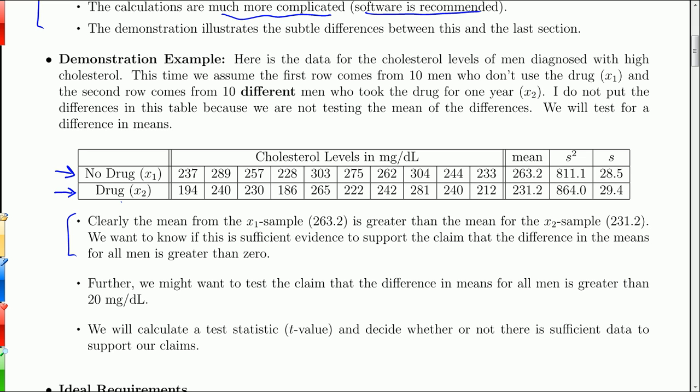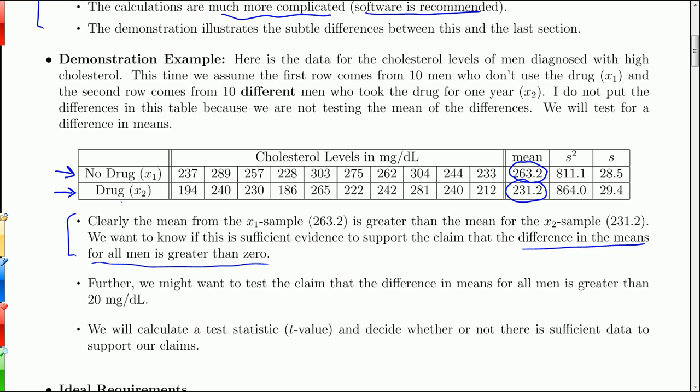Clearly the mean from the sample that did not take the drug, 263.2, is certainly greater than the mean from the men who did take the drug, 231.2. So that's pretty good evidence for our drug company here. But we want to know if this is sufficient evidence to support the claim that the difference in means for all men is greater than 0.